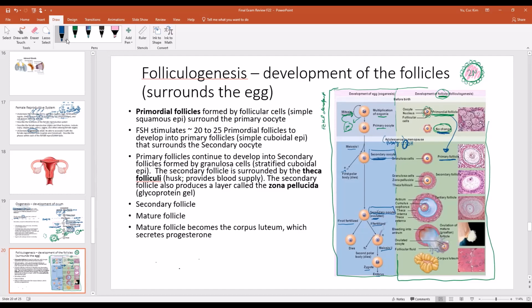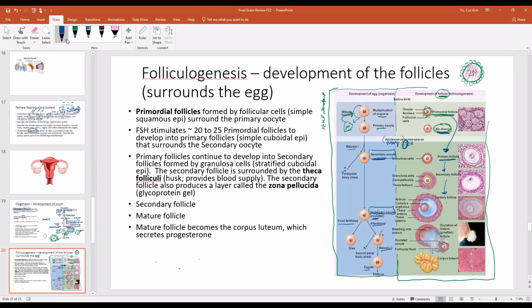The follicle. That's right. So the first change you see is that the primordial follicle becomes the primary follicle. From the primary follicle, it's going to advance even further and become a secondary follicle. From the secondary follicle, it becomes a tertiary follicle.